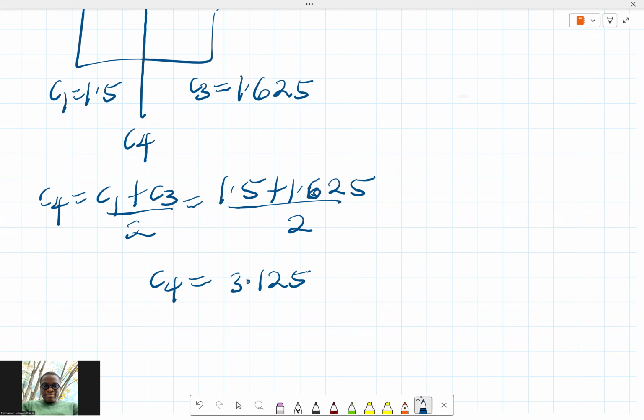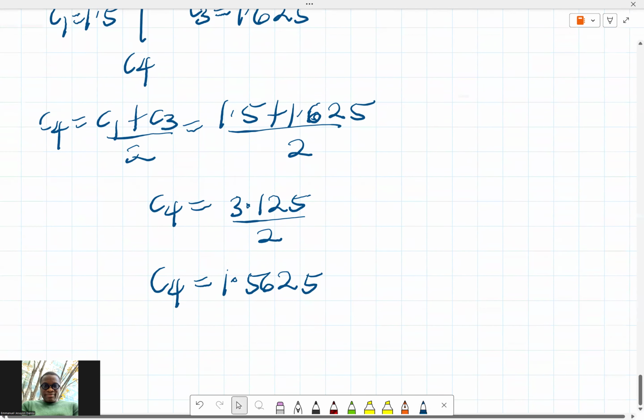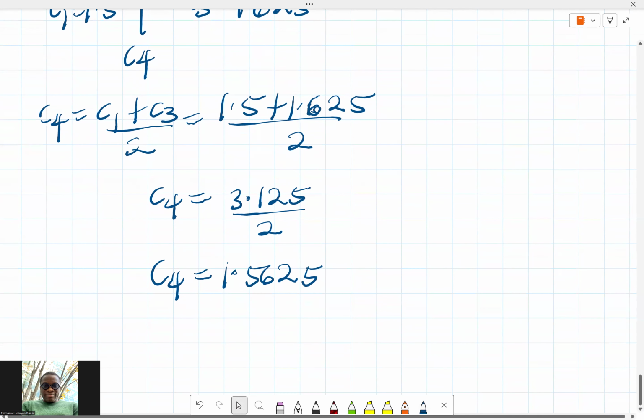That's 3.125 over 2. So C4 is 1.5625, right? 2 in 3 is 1. 2 in 11 is 5. 2 in 12 is 6. 2 in 5 is 2. Then 2 in 10, 5. So C4 is 1.5625.